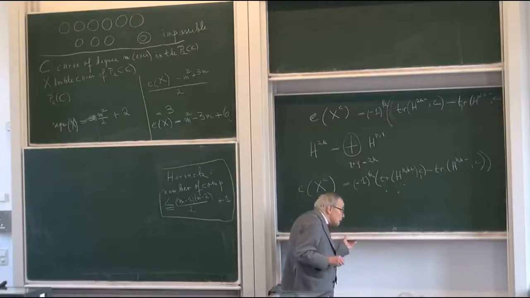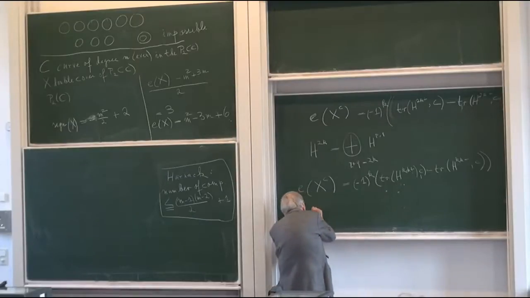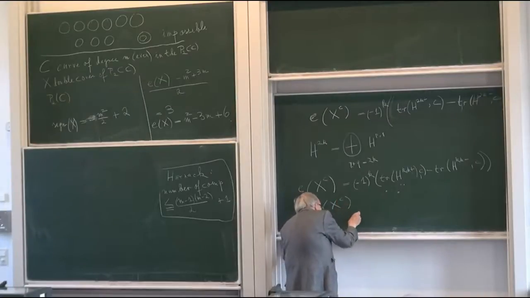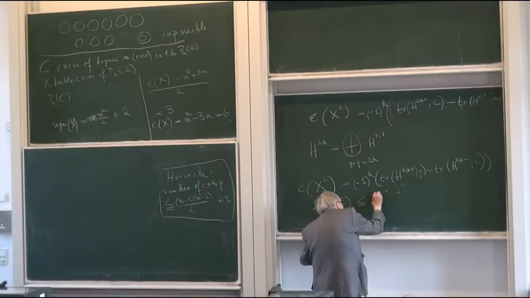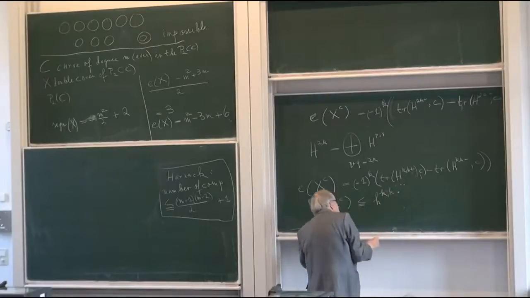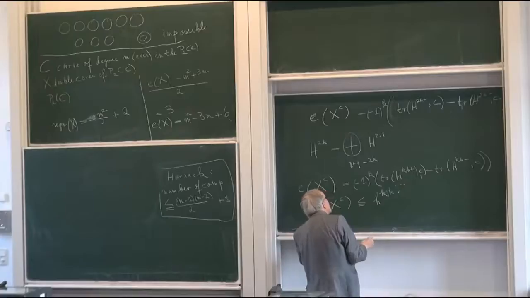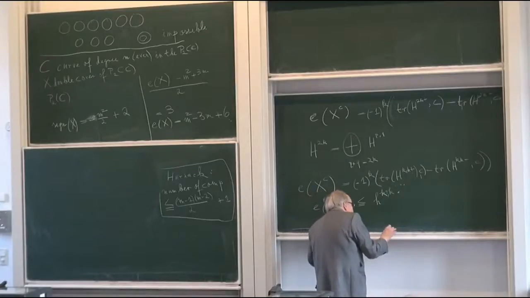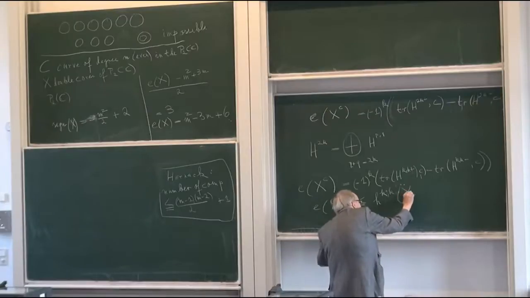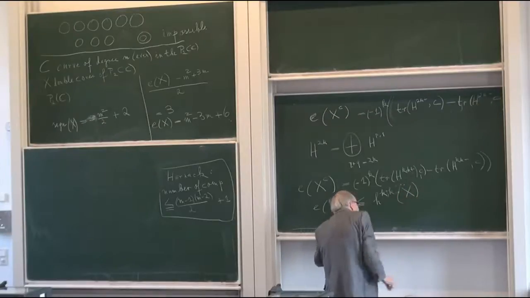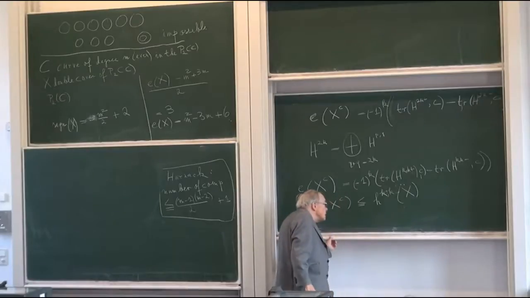Therefore, it is clear that the Euler number of xc is less or equal to HKK of the manifold under consideration. So we are studying a manifold X with a complex conjugation. This is a very concrete result.